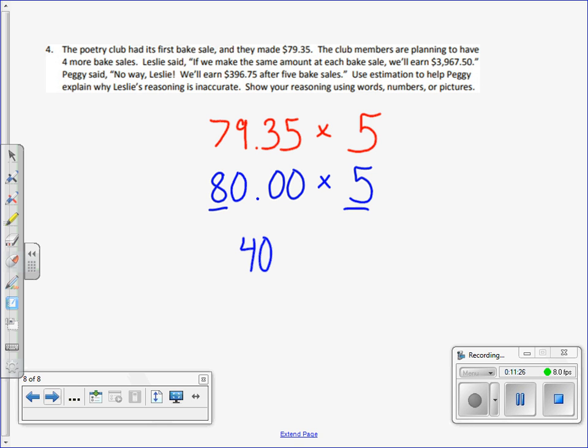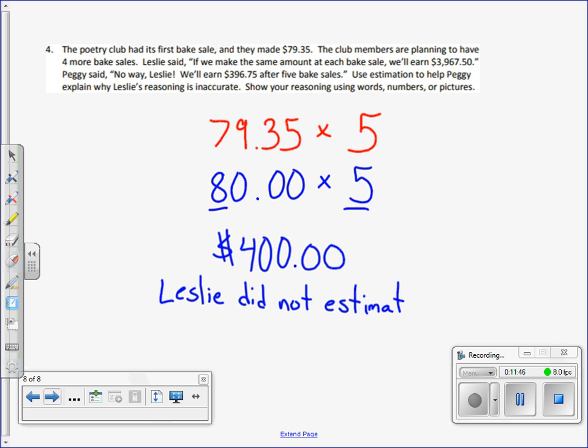And we need to add on a 0. So that gives us $400. So we know that that is going to be closer. So Leslie did not estimate correctly.